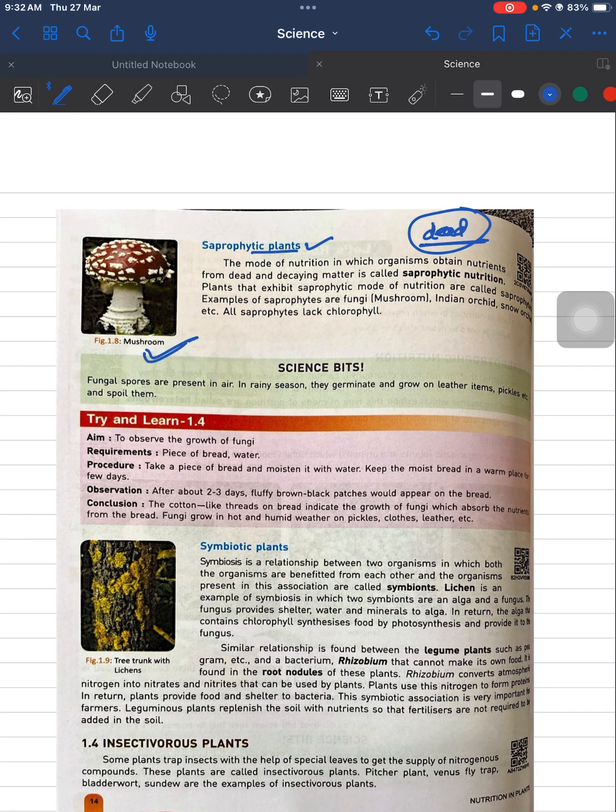You can find mushrooms growing on dead organic matter. We can prove the growth of the fungi in an experiment. We will study the experiment separately.